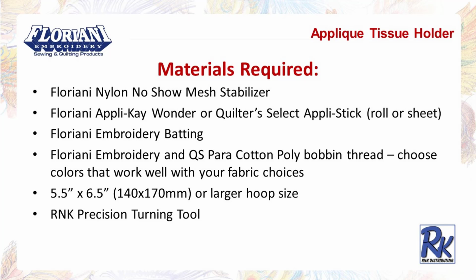We recommend Floriani embroidery thread for the top and Quilter Select Paracotton poly bobbin thread for the bobbin. You'll want to choose colors that work well with your fabric choices. You'll need a 5.5 inch by 6.5 inch or 140 millimeter by 170 millimeter or larger hoop size. And also nice to have will be an R&K precision turning tool.